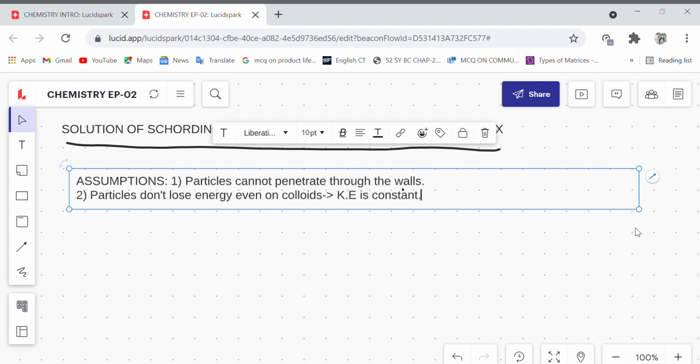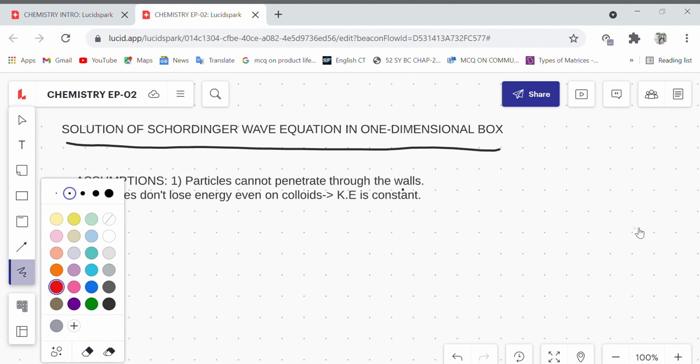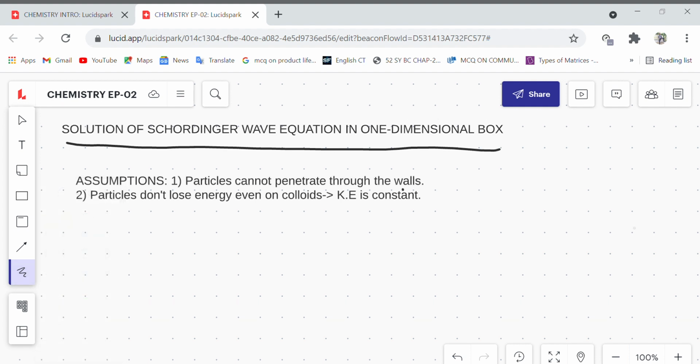Understood? So 2 points. First one is what? Particles cannot penetrate through the walls. Then particles don't lose energy even on collisions, and kinetic energy is also constant. Done.